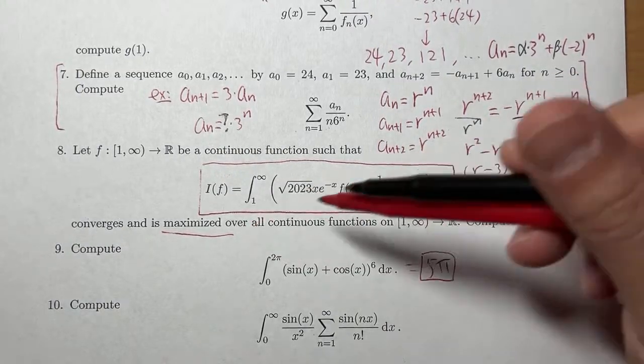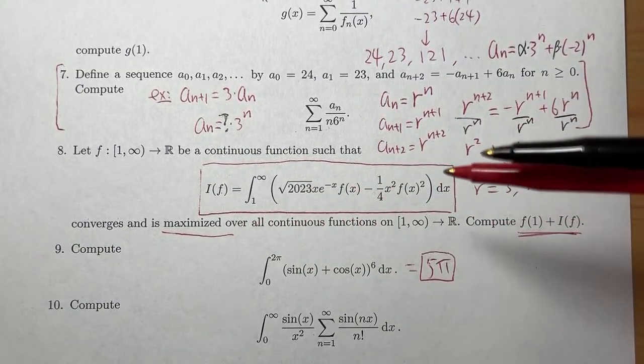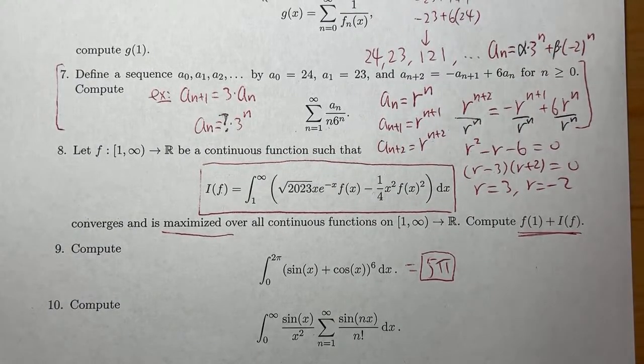Now this is definitely a hard one. I have to look at the solution in order to know how they even do it. And to be quite frank, I can't come up with the solution myself. It took me a while to see how it works.